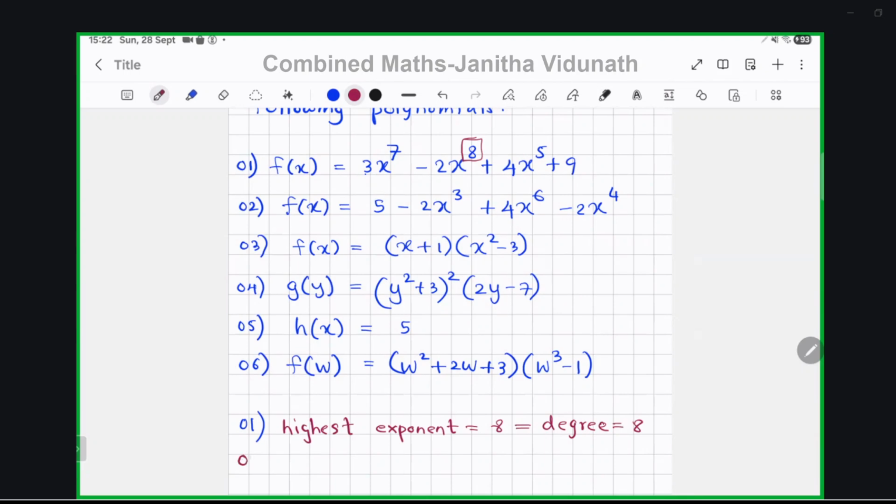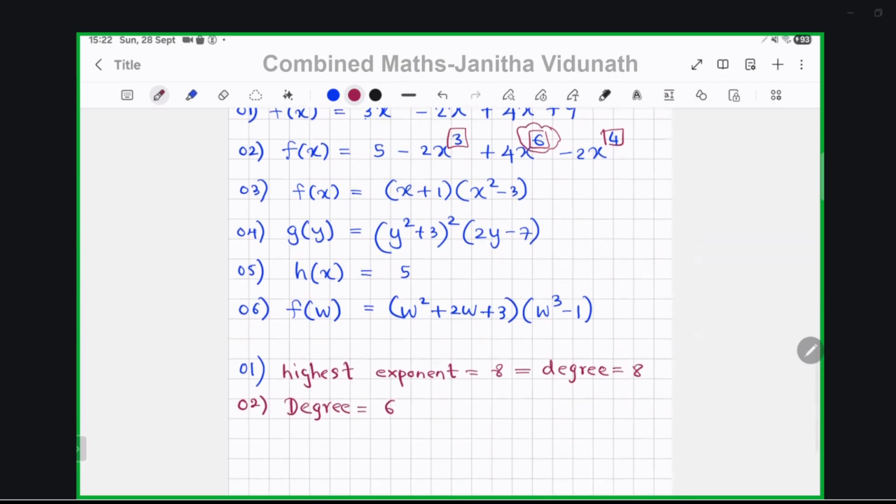In the second question, here the highest power is 6. Then the degree needs to be equal to 6. Second question answer is 6.